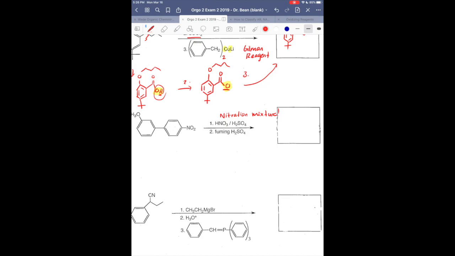So what you have going on here, you have this mixture of HNO3 and H2SO4. So if you were to draw out what these look like, I can try to do it very quickly. So sulfur can have how many bonds?